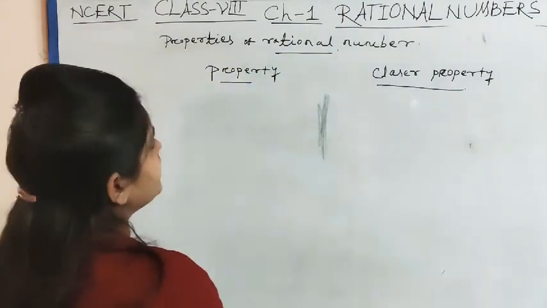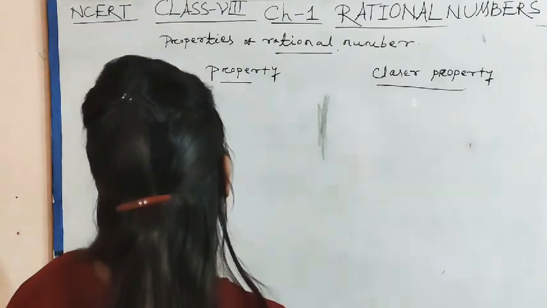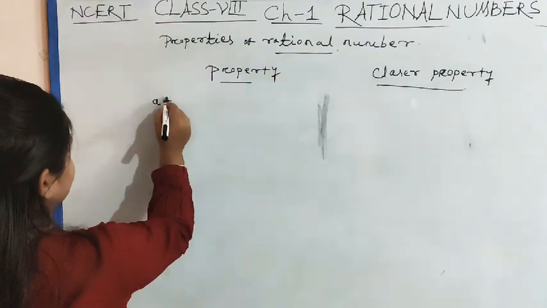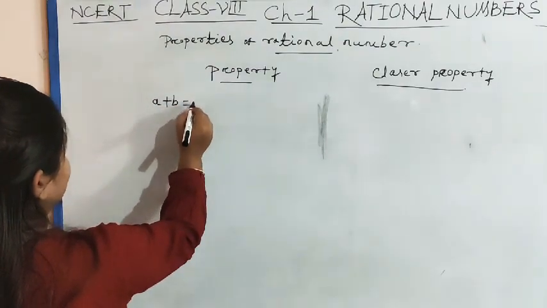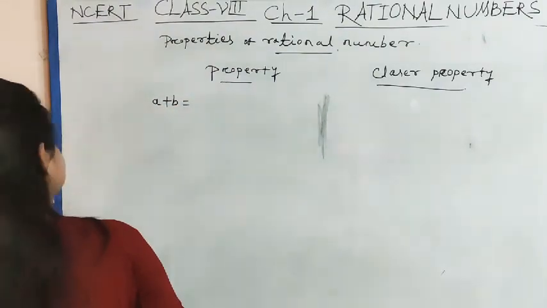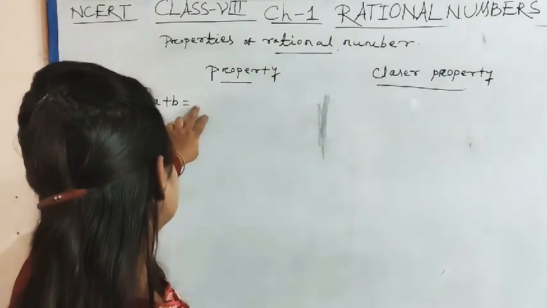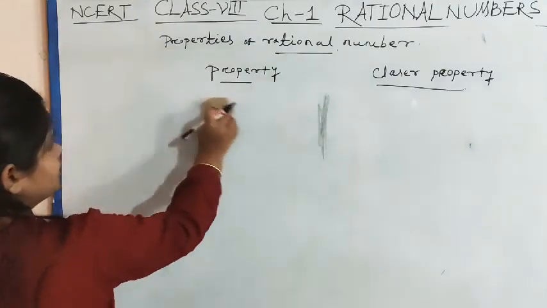What is closure property? Normally, if A is an integer and B is an integer, then their sum is also an integer. This is the closure property.